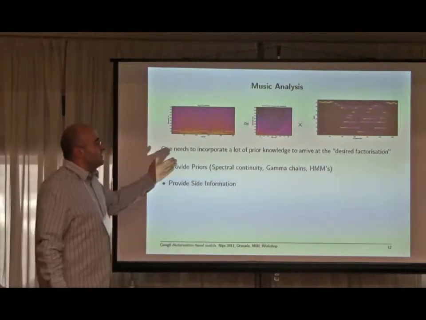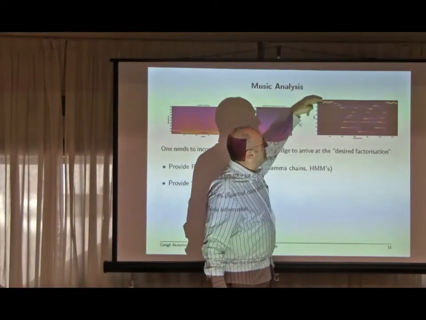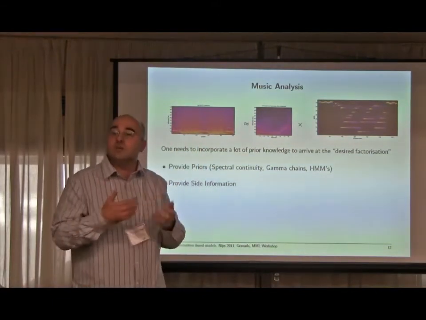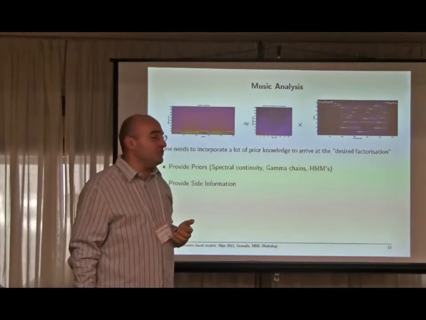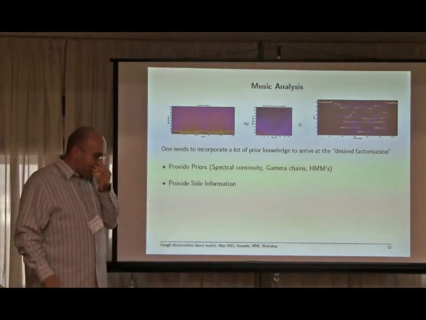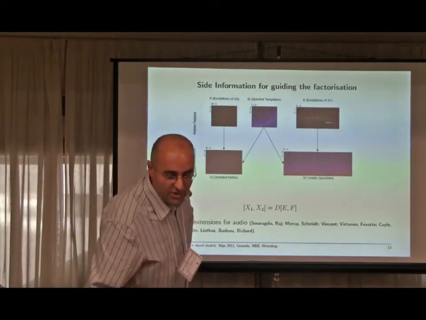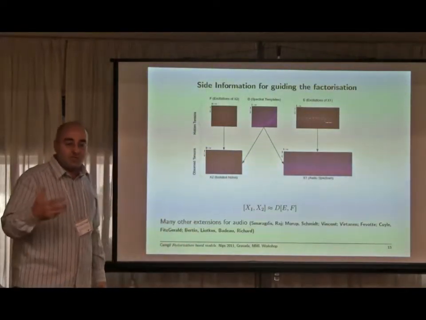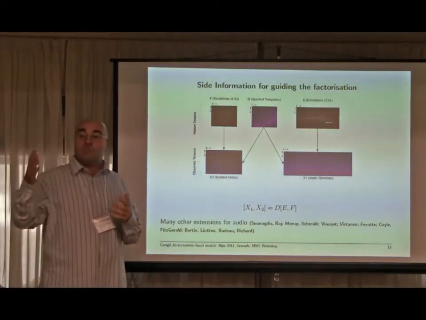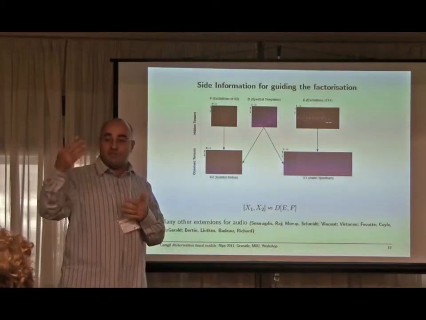For instance, here, this decomposition was obtained by coupling the individual coefficients along time, like enforcing some kind of continuity. And there are also other ways of doing it by providing some side information. So, for instance, in the standard NMF folklore, that is a typical thing, so that you force your decomposition to contain something which correlates very much with the individual spectral templates as well as the musical score.